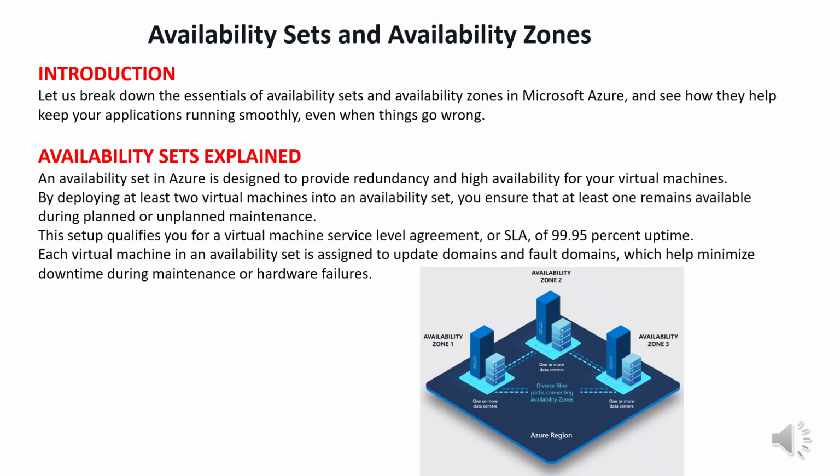By deploying at least 2 virtual machines into an availability set, you ensure that at least one remains available during planned or unplanned maintenance. This setup qualifies you for a Virtual Machine Service Level Agreement, or SLA, of 99.95% uptime. Each virtual machine in an availability set is assigned to update domains and fault domains, which help minimize downtime during maintenance or hardware failures.